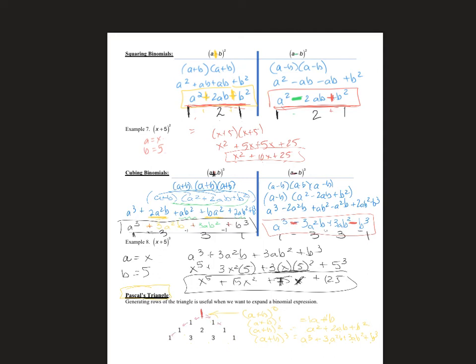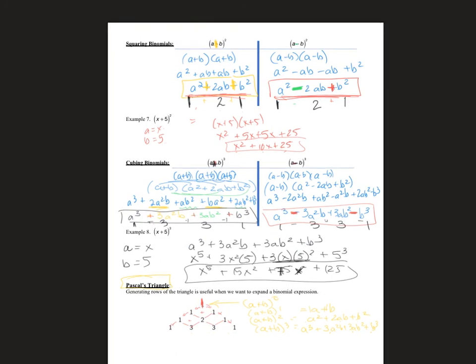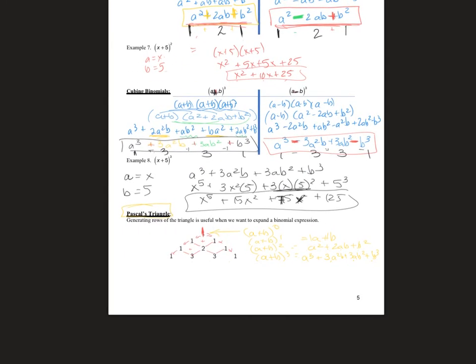To generate each row in Pascal's triangle, I add the two immediate terms above. So 1 comes down to 1, 1. 1 comes down. 1 plus 1 gives me the 2. 1 comes down. 1 comes down. 1 plus 2 gives me the 3. 2 plus 1 gives me the 3. 1.